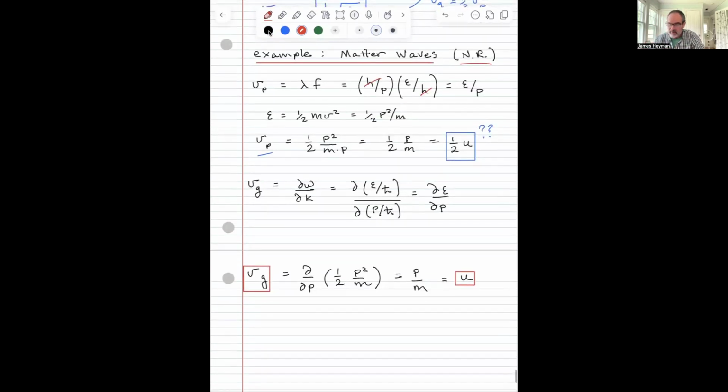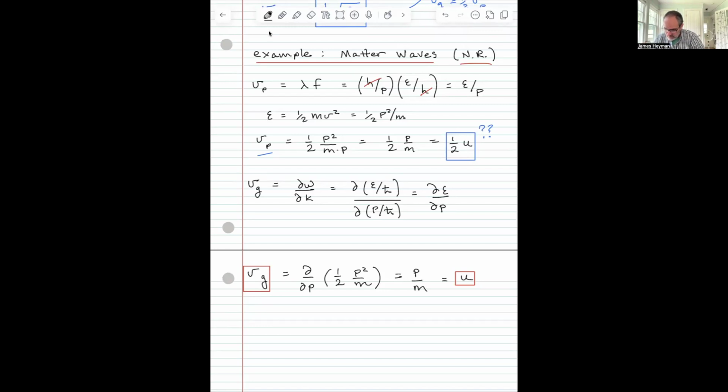This shows us that the group velocity of the wave packet has the same magnitude as what we ordinarily think of as the velocity of the classical particle. So if we think of a particle, like an electron moving through space at some velocity, then that velocity is the group velocity of the wave packet.